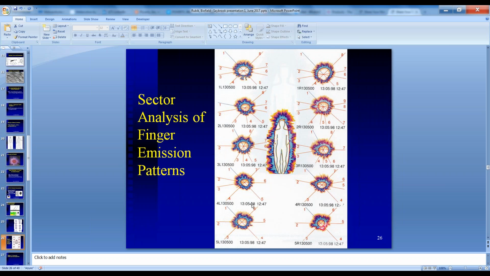By looking at sick people, someone with a low thyroid or with the gallbladder removed, for example. What does that look like in the fingertip energy? They could map the different sectors of emission from the fingertip with various organ systems and even compile a composite calculated biofield based on the fingertip images. And that's what the device does.